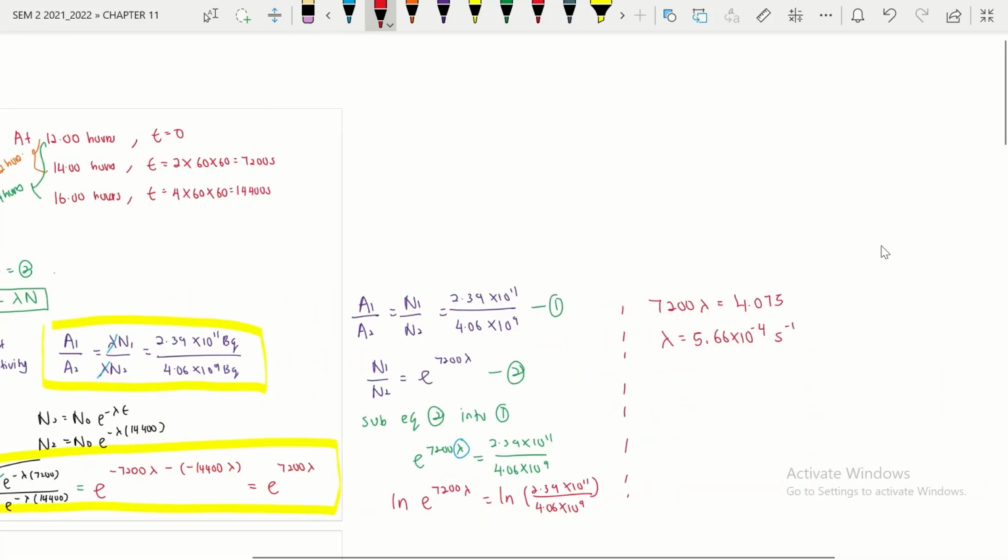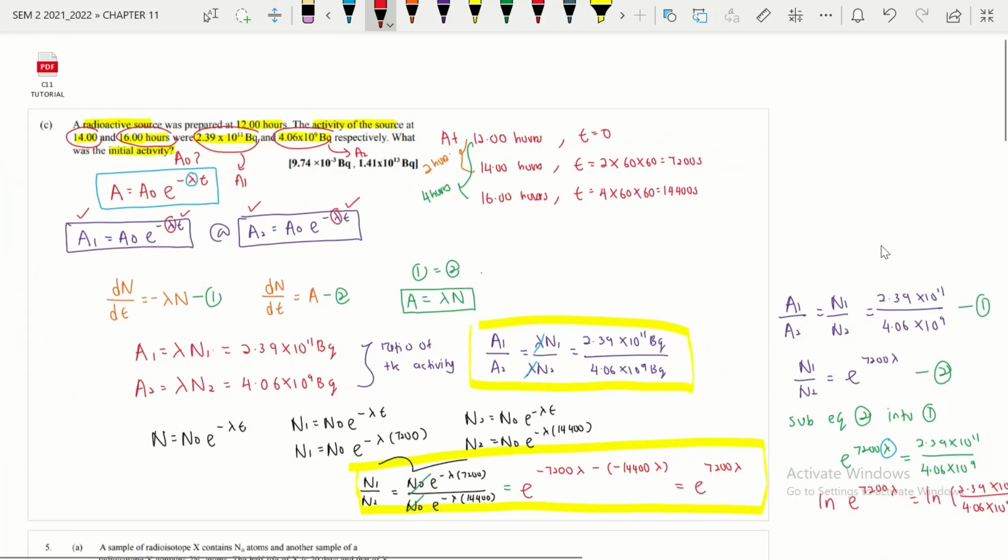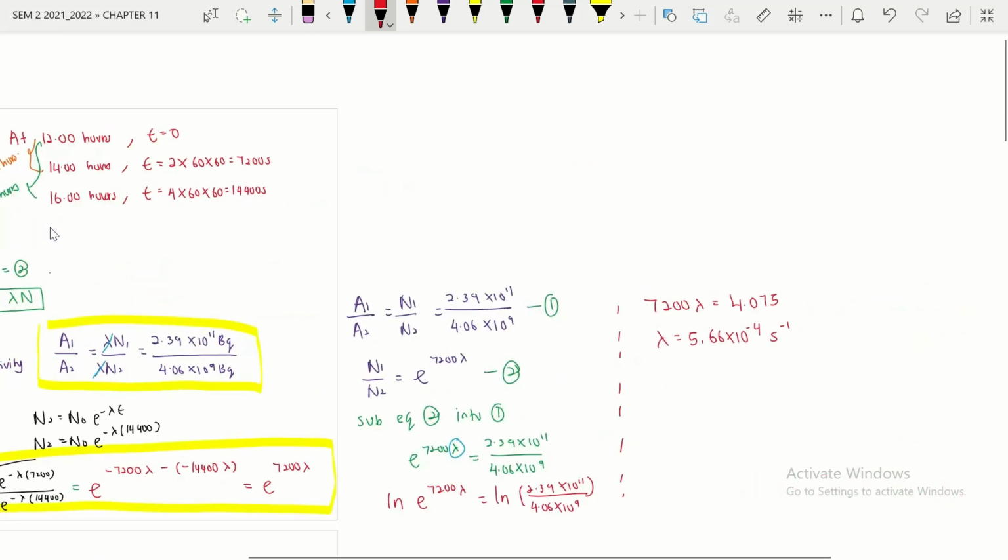So now you already have your decay constant. What is our aim? Our aim is to find the initial activity. It's up to you whether you use the activity at 14 hours or at 16 hours. Miss will use 14 hours. So we know A1 equals A0 exponent negative decay constant times time taken.